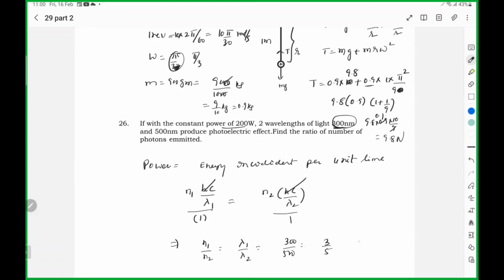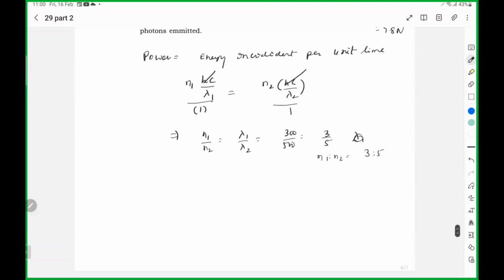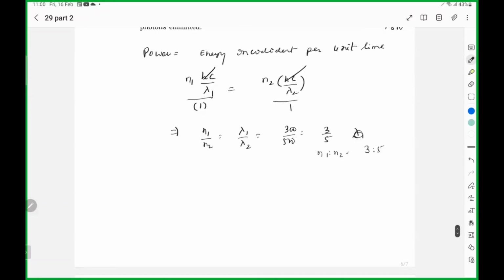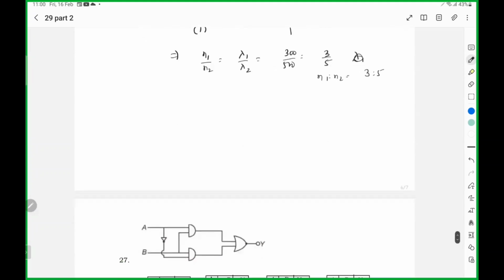So both are in nanometers. So ratio of number of photons emitted is 3:5. So this is energy related to one photon. If N1 photons are released, how much energy is released?